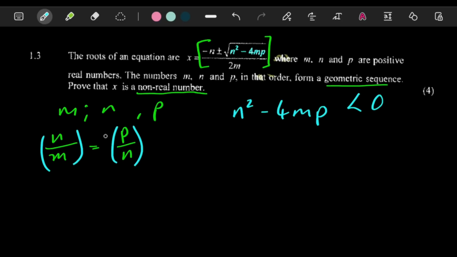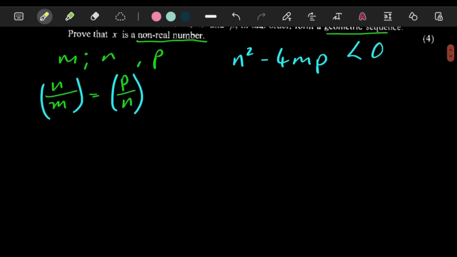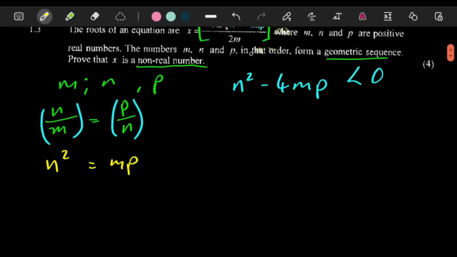Let's cross multiply this thing. If you cross multiply here, you're going to have n squared is equal to mp. So we might as well start there. N times n is this times that is that. So if I throw mp here, it's going to be mp minus 4mp smaller than 0.